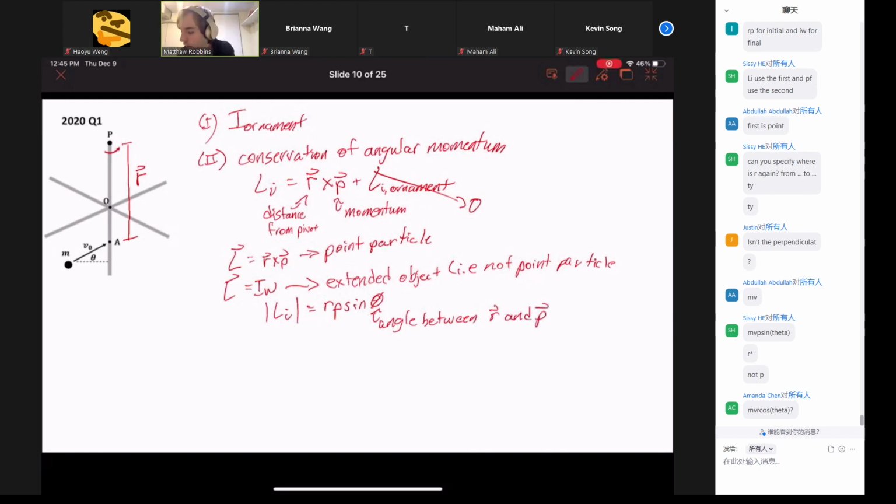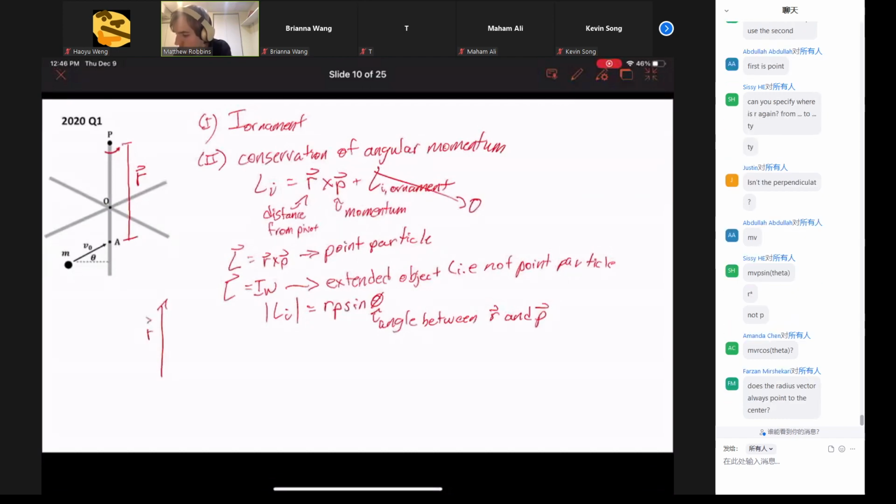So then if I draw a diagram, this is going to be my P vector, this is going to be my R vector. Let's make sure I draw it correctly. I don't like obtuse angles, so we'll draw R there, then P there.